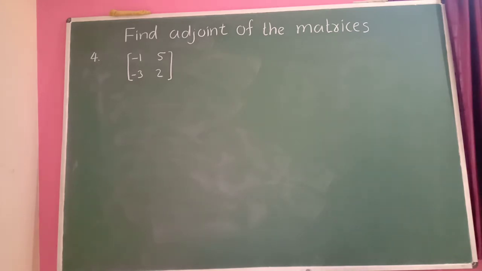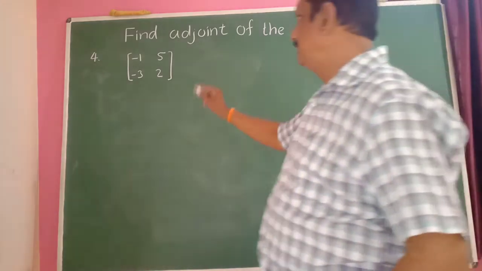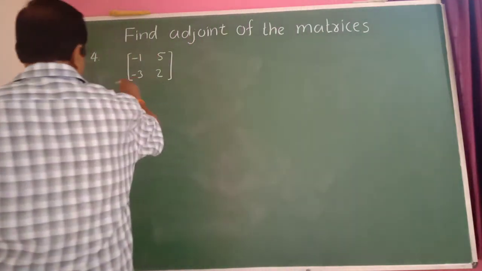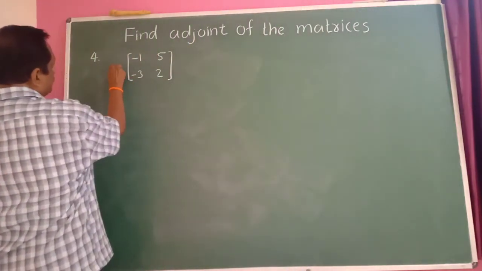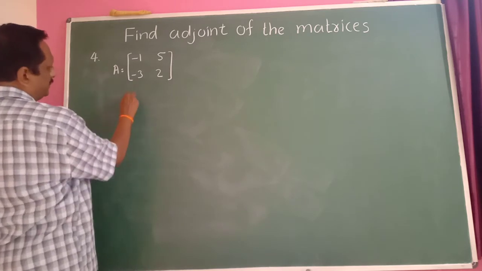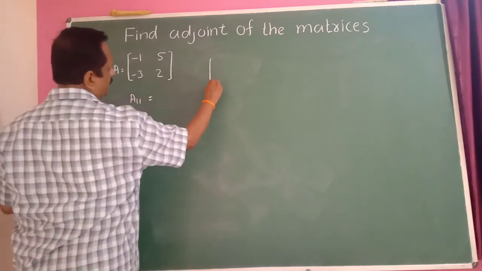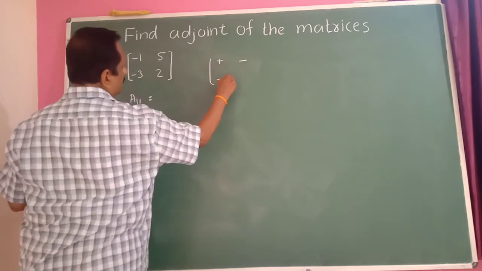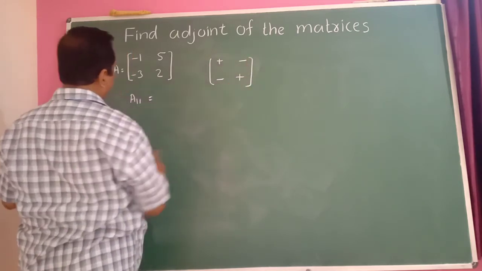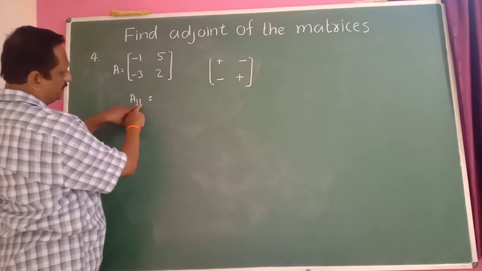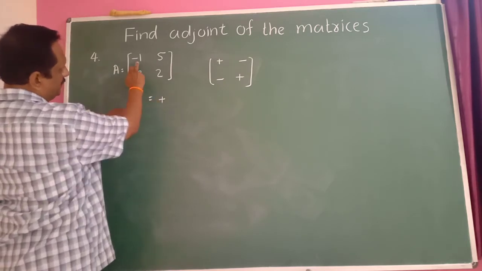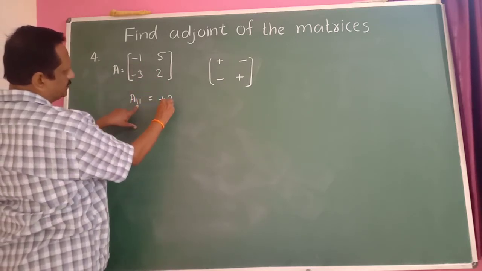Okay. Fourth example: minus 1, 5, minus 3, 2. Take the given matrix as A. Then write the cofactors. A11: you know the rule here. Take plus sign, 1 plus 1 is 2, an even number, take plus sign. Deleting the first row and first column, remaining is 2 here.